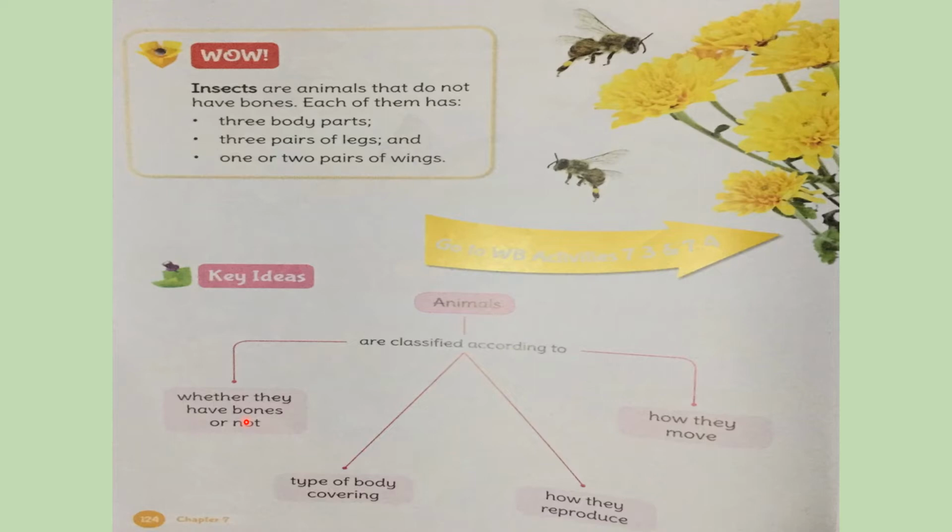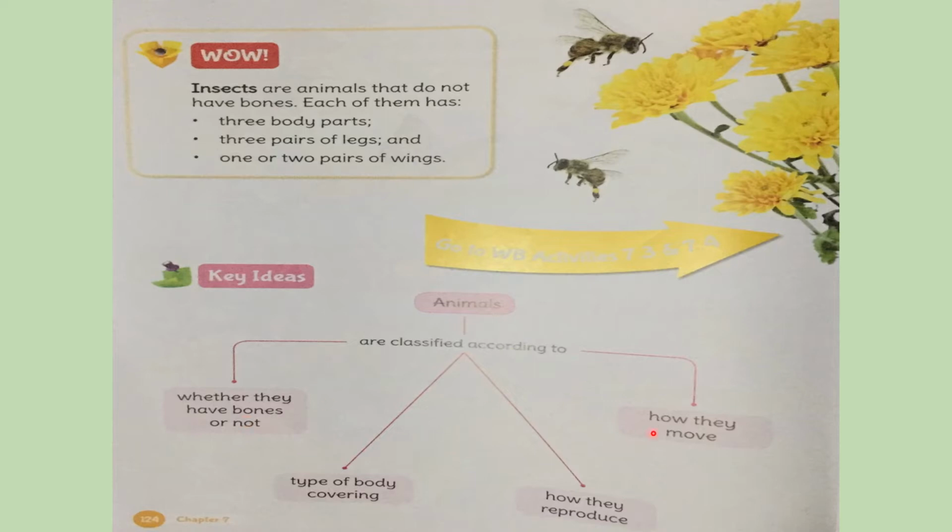But there are some that do not have bones in their body, like jellyfish, spiders, and also some mosquitoes. They don't have any bones in their bodies, but there are some of them whose outer body covering is hard, but inside of them there is no bone.